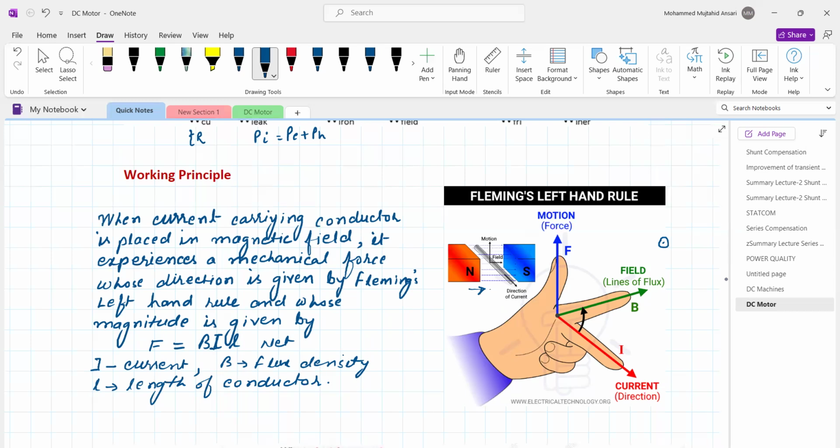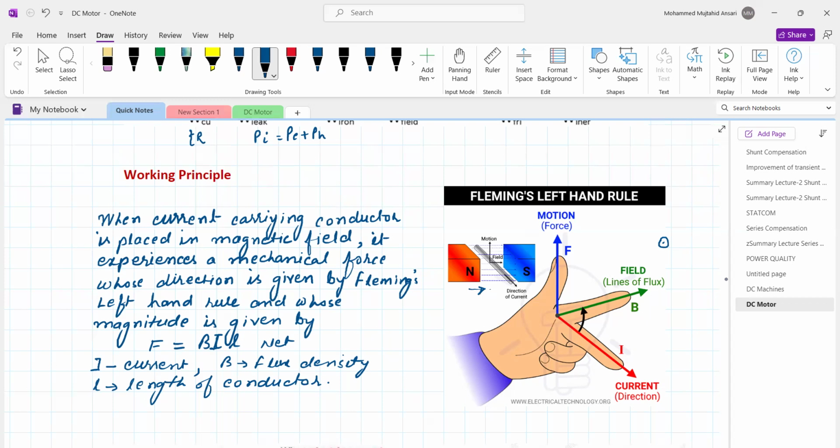So if you just remember the generator diagram, the basic diagram for the generator, it has been considered the same diagram. Only the difference is that we are moving the conductor by external force and it induces EMF.